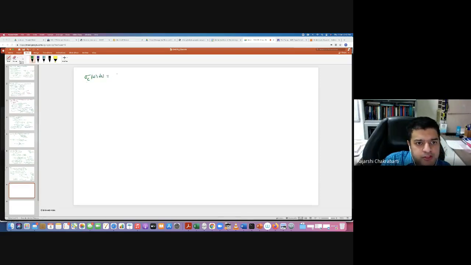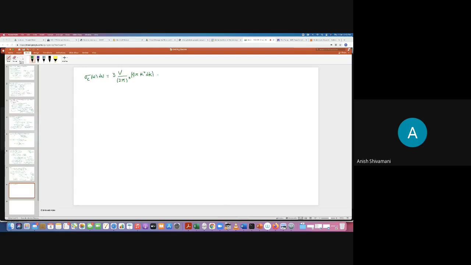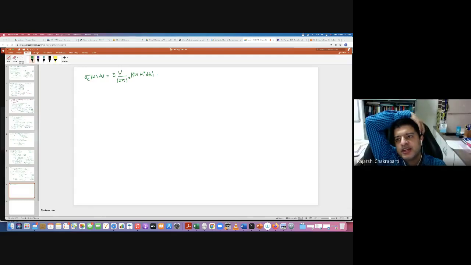If you do this, you will see that this will be 3 times V, some volume, over 2 pi cubed, 4 pi kappa squared d kappa. Can you see a similarity between this expression and something done a few classes back? G of epsilon d epsilon.